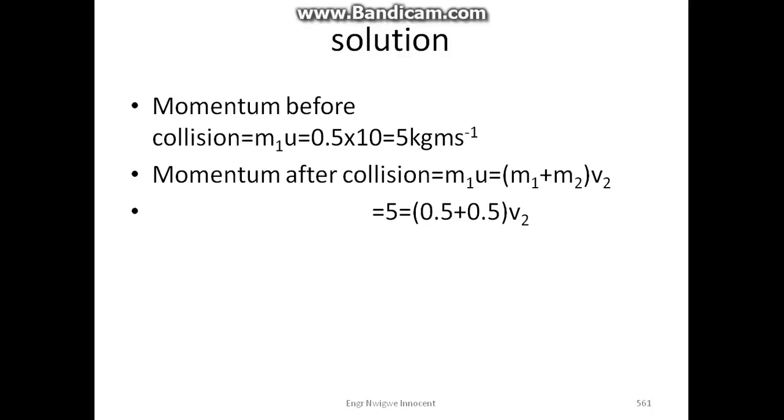Momentum before collision is equal to momentum after collision, which is 5 is equal to 0.5 plus 0.5, all in bracket, v2. Making v2 the subject of the formula, you now have 5 over 1, which is 5 meters per second.